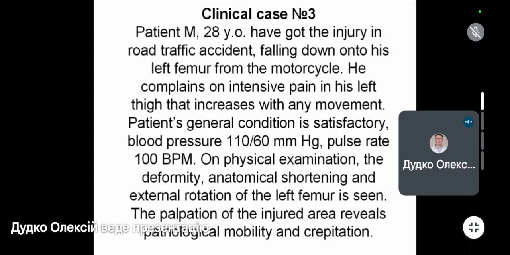So you should tell the examiner the circumstances of injury, and that is a road traffic accident, and that the mechanism of injury was direct. Force was applied directly to the femur and a fracture of the femur occurred.